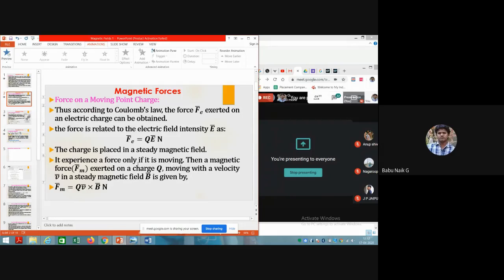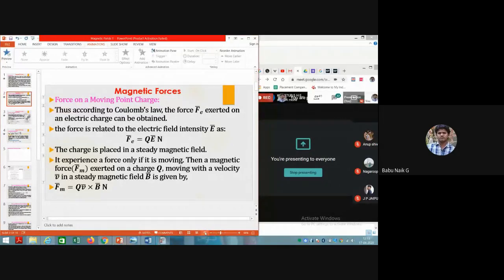Then the magnetic force Fm exerted on a charge Q moving with a velocity V in a steady magnetic field is given by the charge times the cross product of its velocity and the magnetic field. So we can calculate that force in a magnetic field.